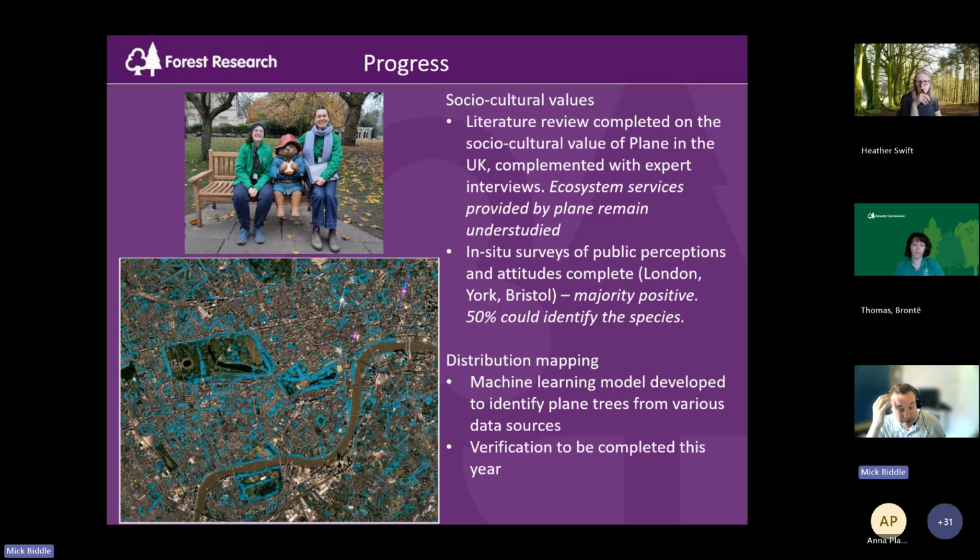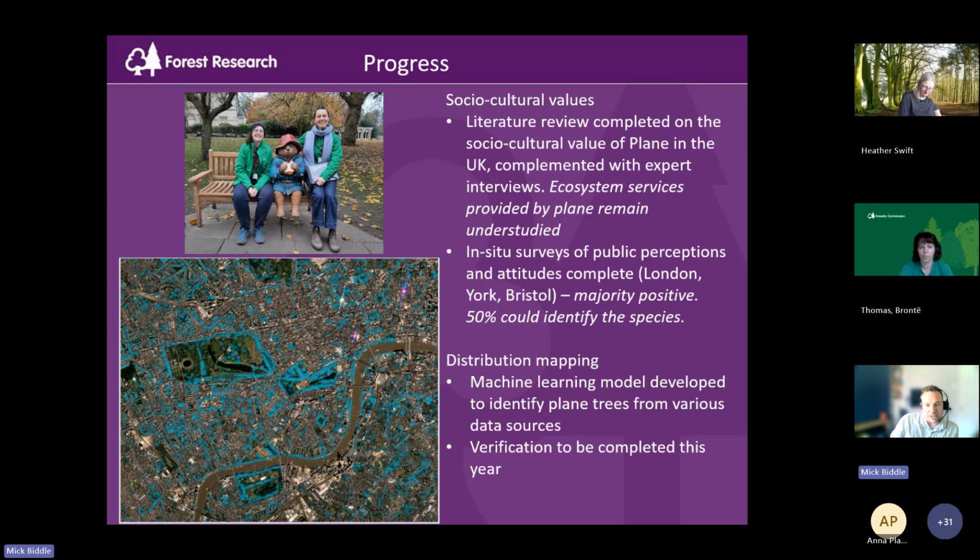And the other aspect, this distribution mapping: a machine learning model has been developed which is able to use satellite imagery to identify plane trees. So this is an example of the output in London. It's able to predict with quite a high degree of accuracy where plane is from the analysis of satellite images.